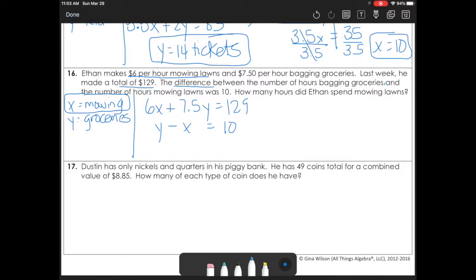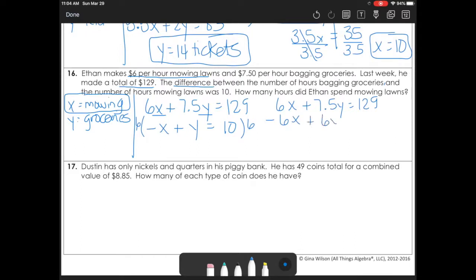I'm going to take y minus x and turn it around, so that would be negative x plus y. I want them to match up. So I'm going to take the bottom equation and multiply by 6, keeping the top one. And I'm going to get negative 6x, there's the 0 pair, plus 6y equals 60.